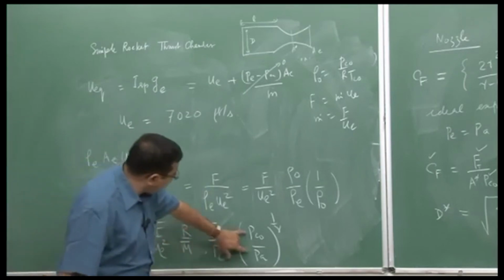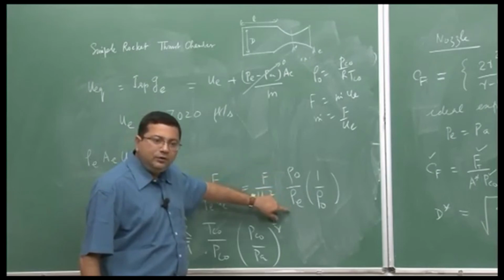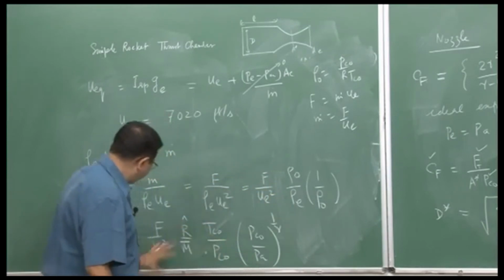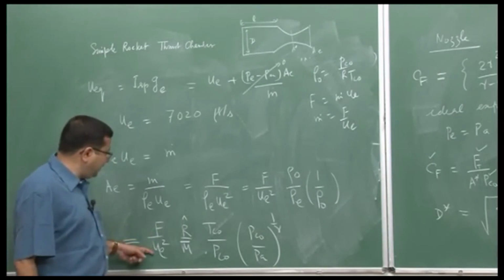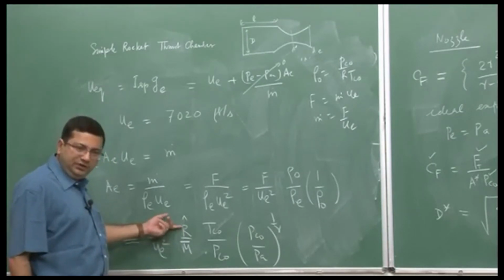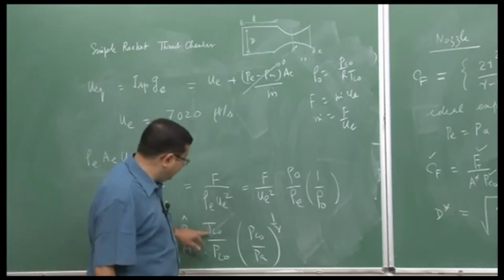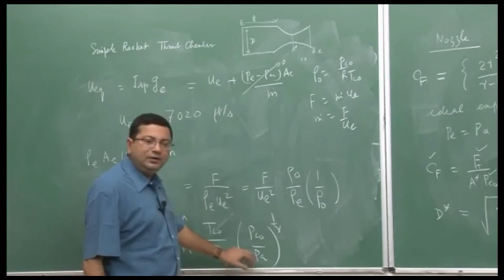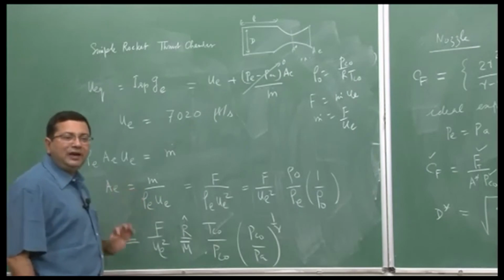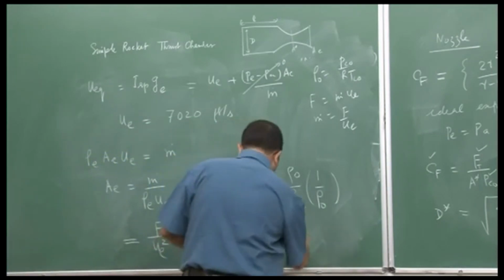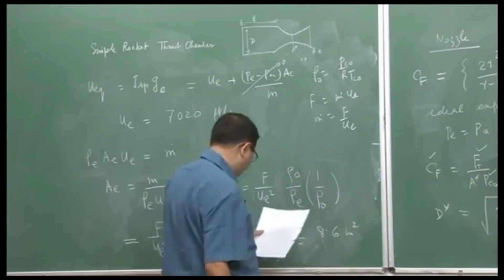Here this ratio comes from the isentropic relationship relating rho naught by rho to P naught by P. Now, in this equation my thrust is known, exit velocity I have estimated, this is the universal gas constant which is a known value, this is the molecular weight which is given, this is given, this is given. So, everything here is given, I can just plug in the values and get the final area. This comes out to be equal to 8.6 square inch.